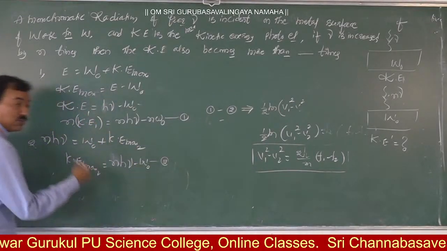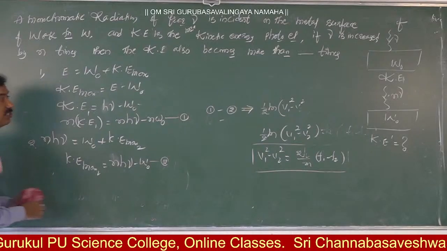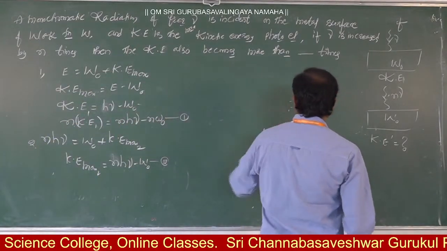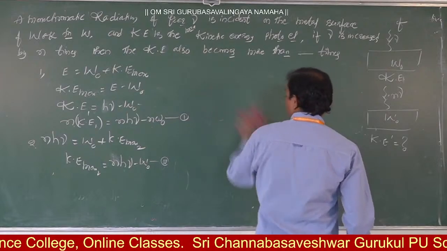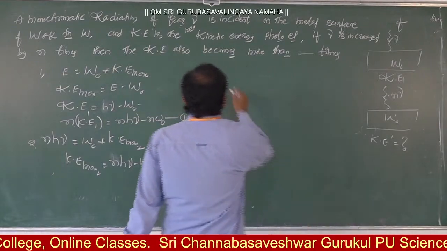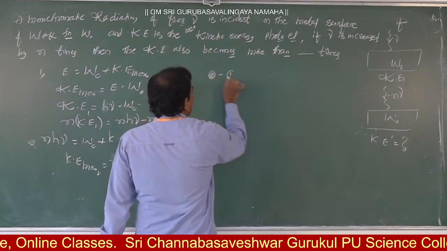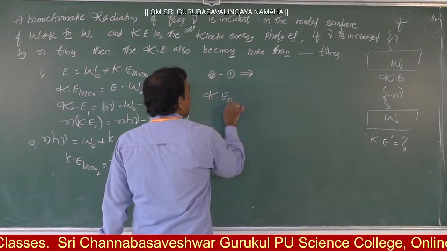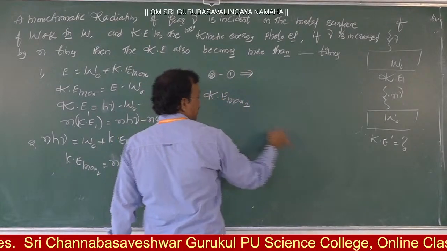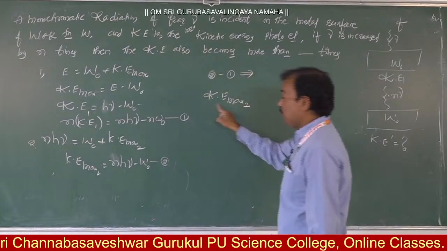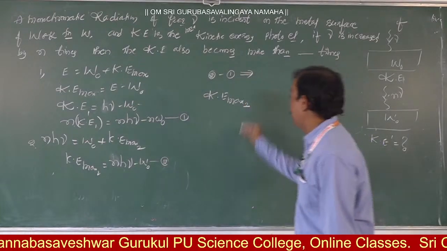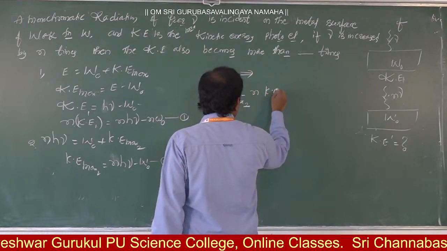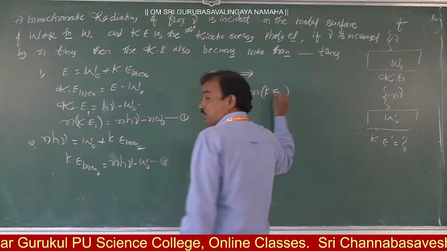So equation 2 minus equation 1, which implies Ke maximum 2, or simply this is Ke dash, minus equation 1, which is n into Ke maximum 1, simply n into Ke.